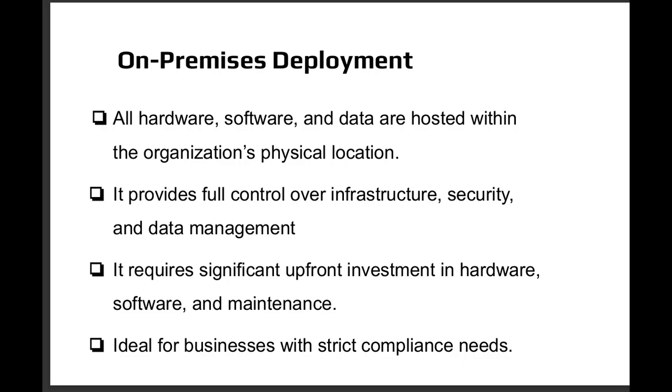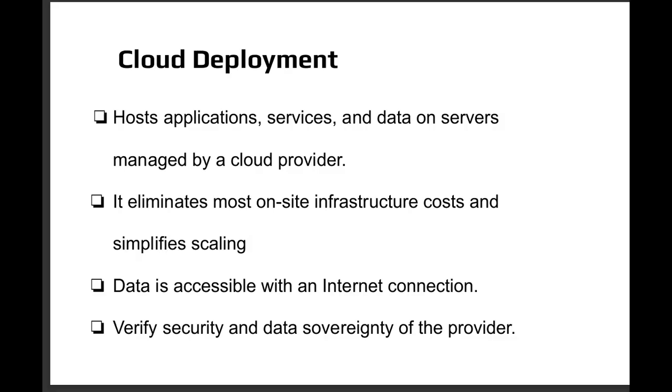A second deployment type is a cloud deployment, hosting applications, services, and data on servers for our CSPs, our cloud service provider. A cloud deployment will reduce or eliminate altogether the need for on-site infrastructure. It's very scalable because we can allow the CSP to determine the availability of a resource.